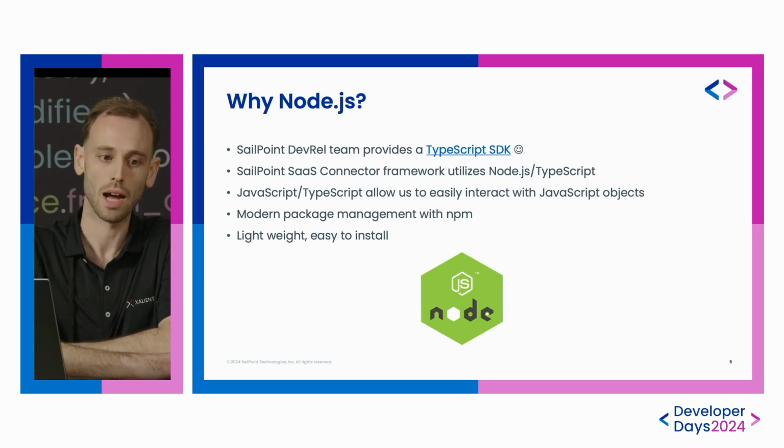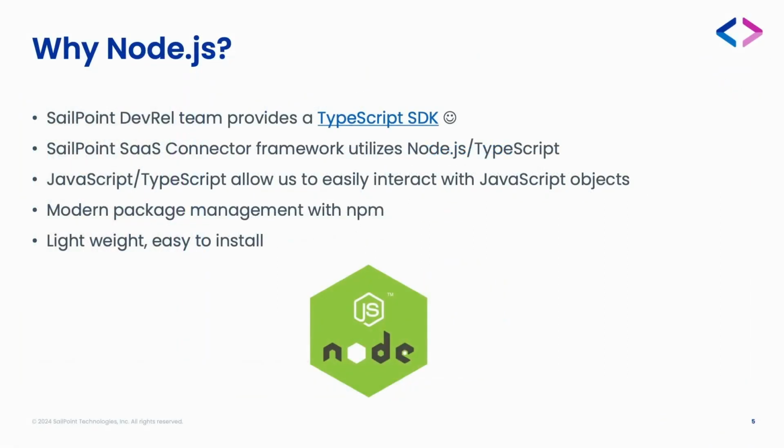Next, we have modern package management with NPM. Because this is a TypeScript SDK that the SailPoint DevRel team is managing and updating as there are new versions with changes to API endpoints or whatever new API endpoints become available, as long as they're building and maintaining the SDK, we can easily pull the newest version of that SDK with simple node commands.